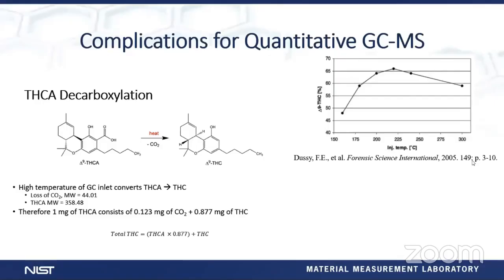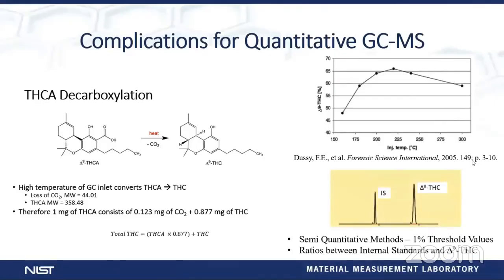So as a result, a lot of forensic laboratories have been centering around using what some call a semi-quantitative method or just a threshold endpoint comparison. This is where they extract the Delta 9 THC from the plant sample and spike it with a known amount of an internal standard at roughly a 1% ratio. If the peak for Delta 9 THC is greater than that, it's considered marijuana.